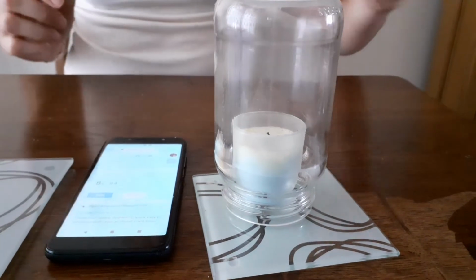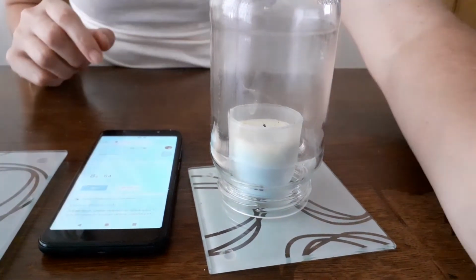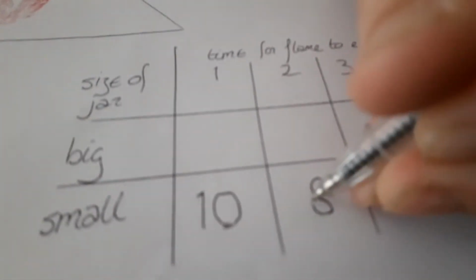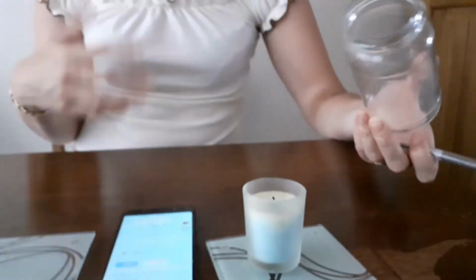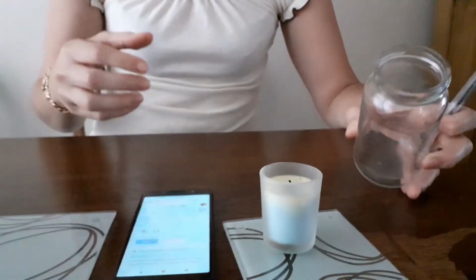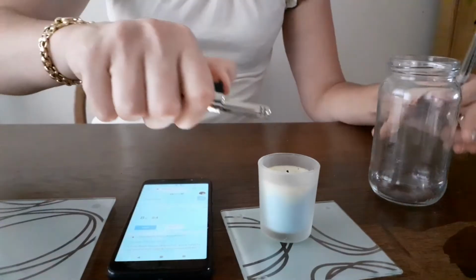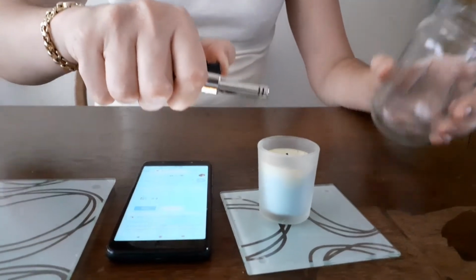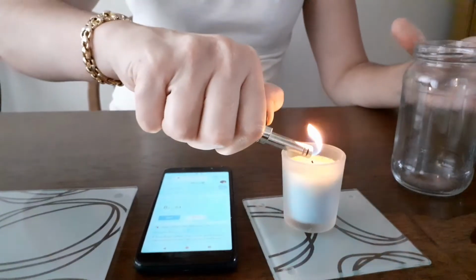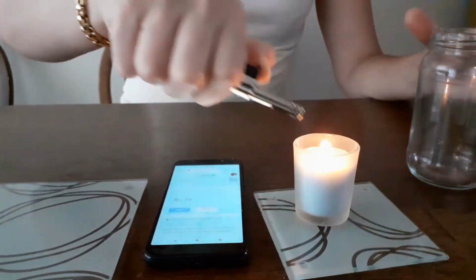Oh, sorry, I started that and stopped it again. So that was 8 seconds. You can, of course, be a bit more precise than me and put it into the decimal places. Last one.